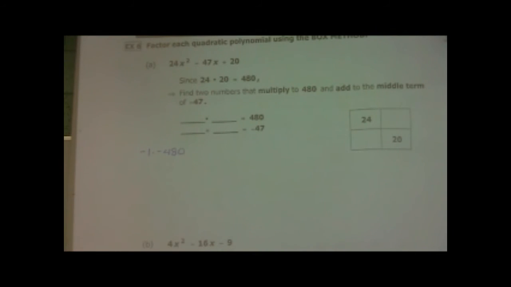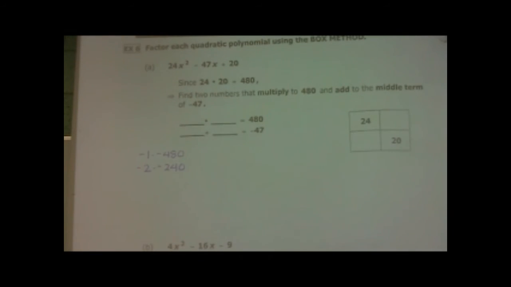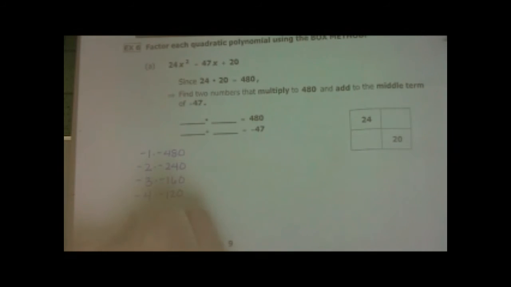True. So negative 1 and negative 480 clearly doesn't add to negative 47. So let's keep going. I've got negative 2 and negative 240. I've got negative 3 and negative 160. I've got negative 4 and negative 120. How about negative 5 and negative 96?